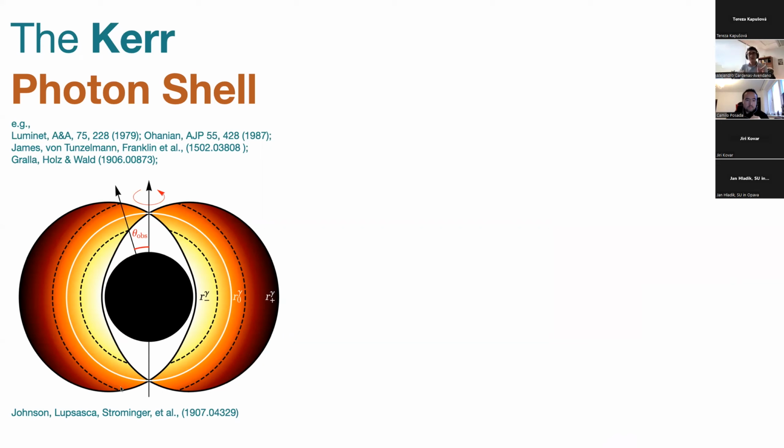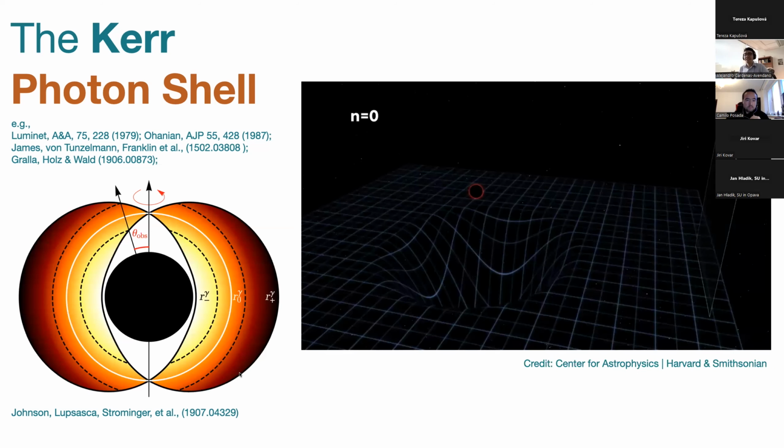You can have bound null geodesics, photons orbiting in this photon shell. But the important thing, and that is very nice, is that these bound orbits are unstable. This is allowed, depending on the spin of the black hole, in a particular region. This is an interesting property of the Kerr solution, this photon shell. What it means is that I can make this nice distinction.